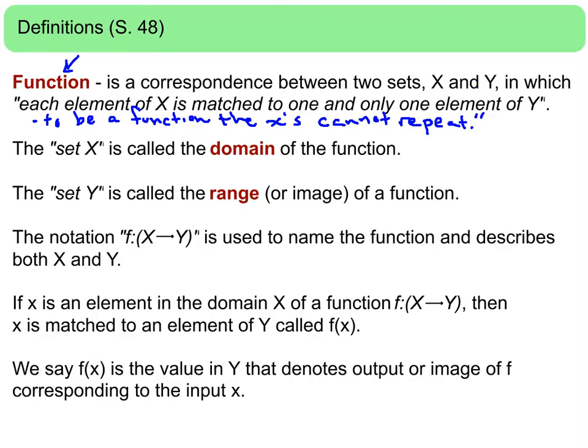In our next definition, the set x is called the domain. So we'll underline x and we'll underline domain. And then if we look at set y, that is the range. The x, comma, y: these are our x's and these are our y's for each one of these particular pieces of information. Set notation, this is a mapping piece.